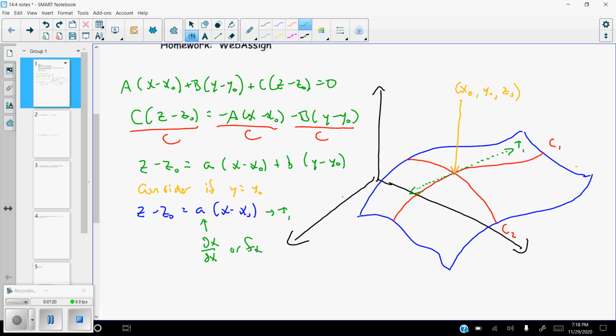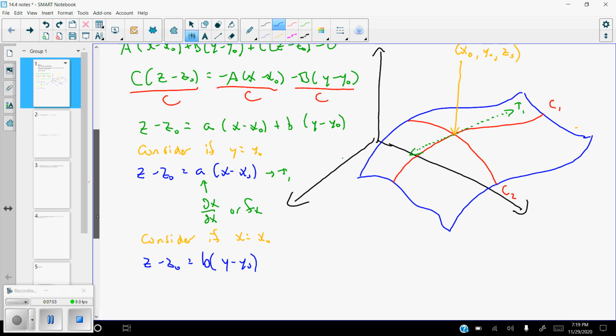All right, well, let's consider something else. Let's consider if x equals x naught. So now if x equals x naught, what you end up with is z minus z naught equals, oops, that should not be a, that should be b times y minus y naught, because the x part would go away, so the a part would go away.